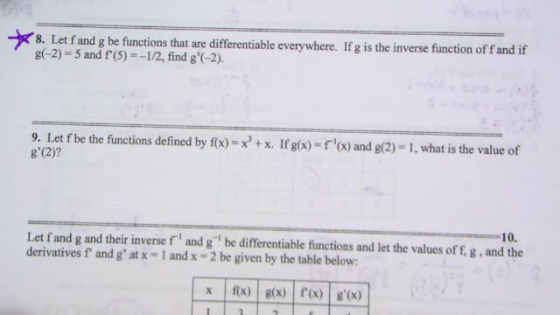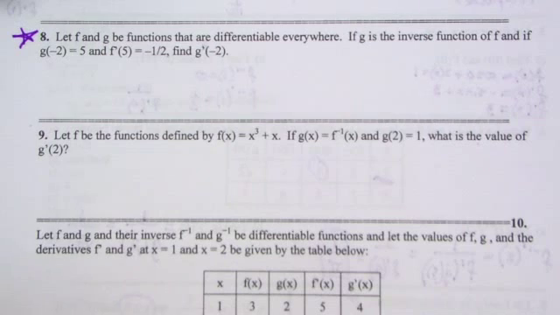Let f and g be functions that are differentiable everywhere. If g is the inverse function of f, and if g of negative 2 equals 5, and g prime of 5 is equal to negative 1/2, find g prime of negative 2. Okay, we got this.